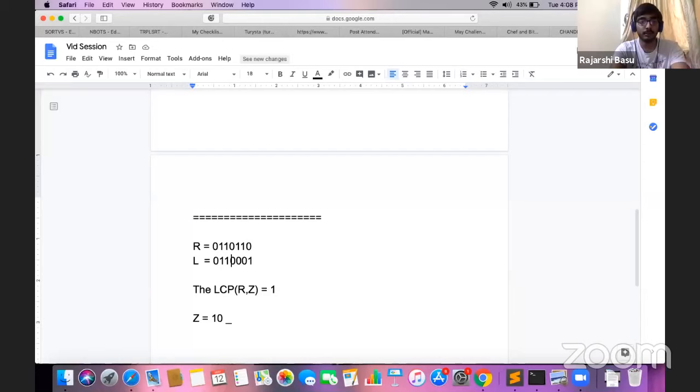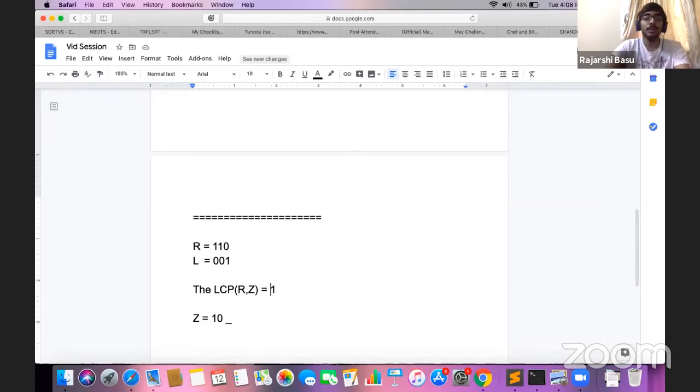So, as I was saying, let's ignore this longest common prefix because it's the same for Z also. Now after that longest common prefix, we have another stretch of characters which are the same in Z and R. So here I said that the longest common prefix between R and Z is equal to 1.